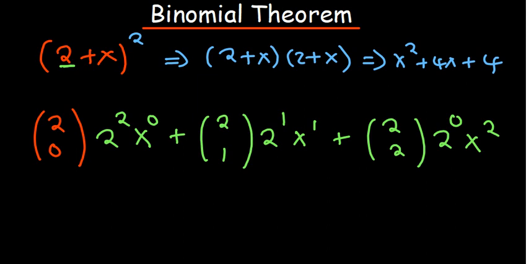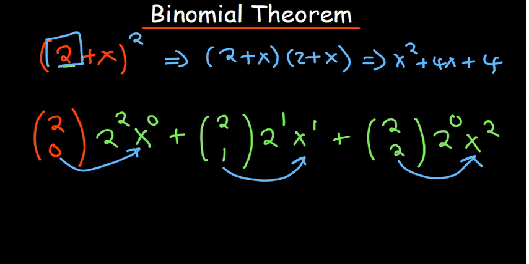So I've already made the relation to say x will always be matching up with what is on the bottom in your coefficients, as you can see. And then the a part, which in this case is 2, will always have the power of the difference. 2 minus 0 is 2, 2 minus 1 is 1, 2 minus 2 is 0.